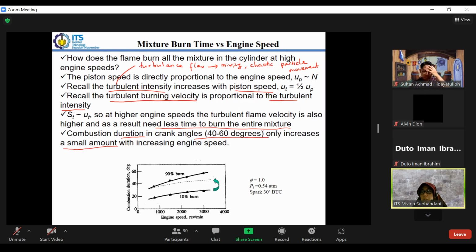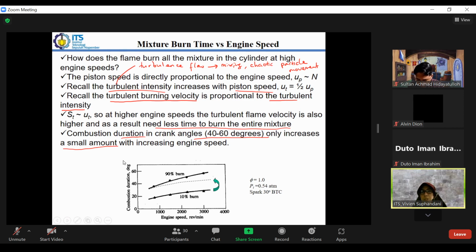So the total crank angle required for the burning process will be more or less similar, although we are using a low speed engine or we operate at higher engine speed. This is the comparison. We see here that there is a little bit of increase when we increase the engine speed.